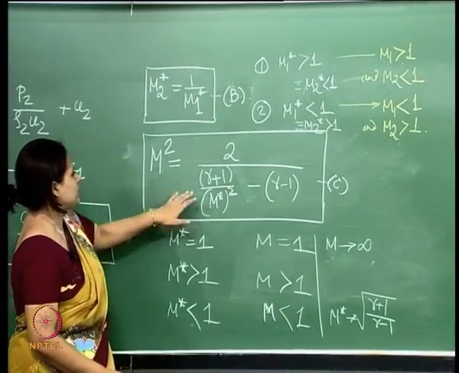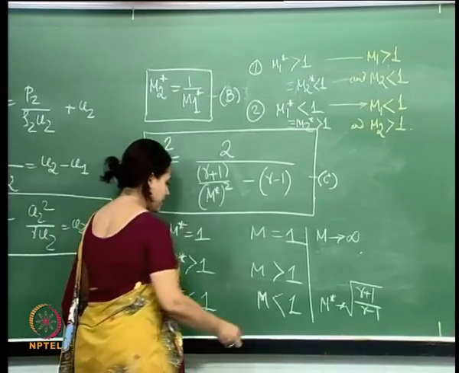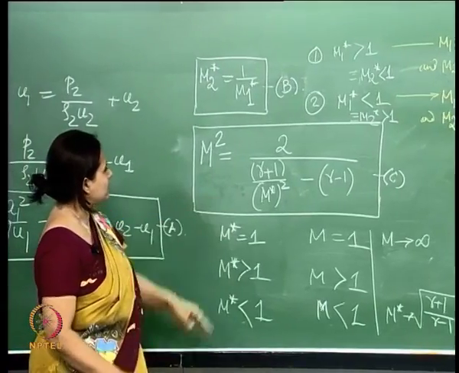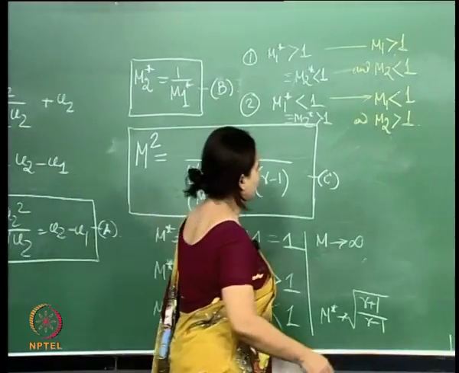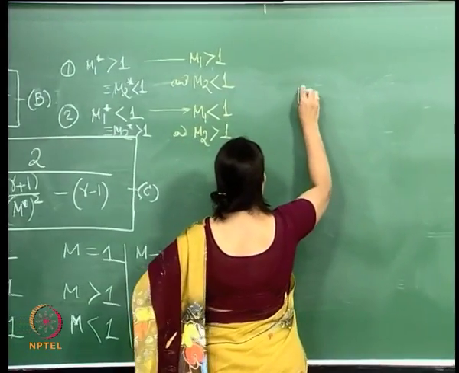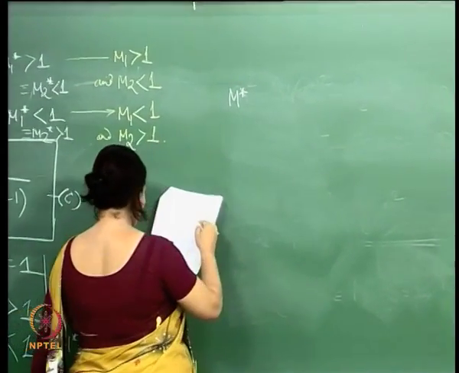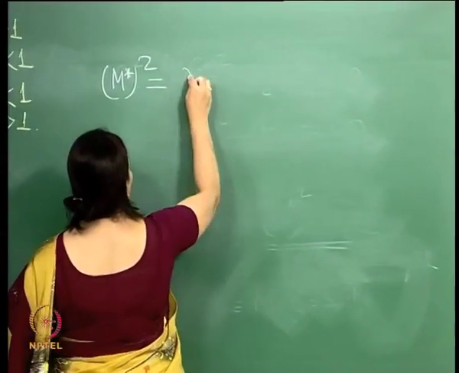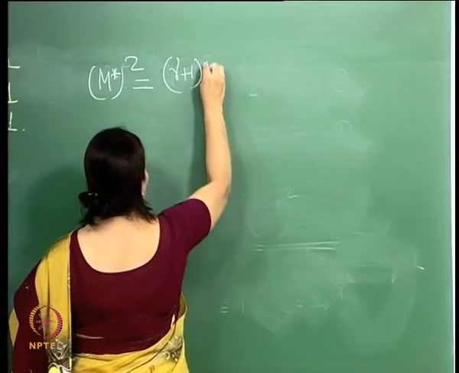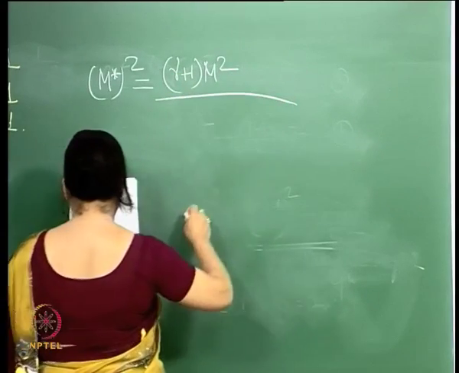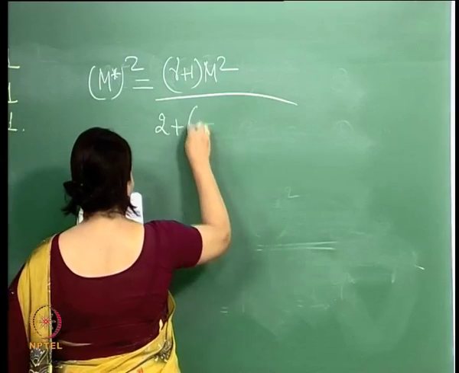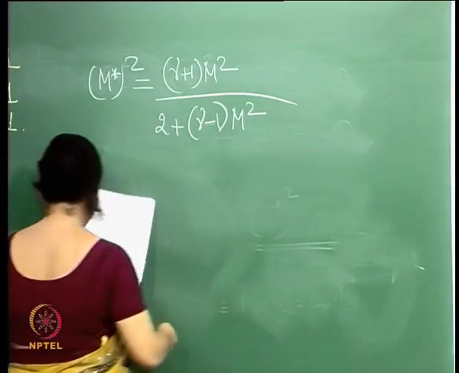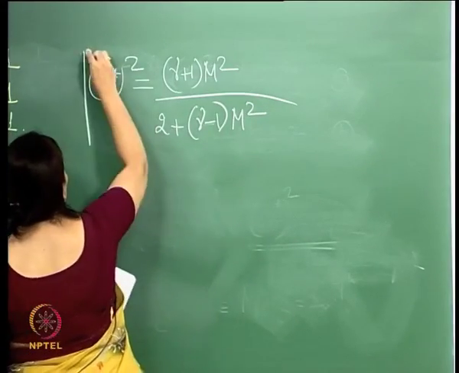So, we develop this relationship over here. Now, we wrote that in terms of m square. Let us write that in terms of m star square. Okay. So, what we get from there is this. m star square is basically, okay.